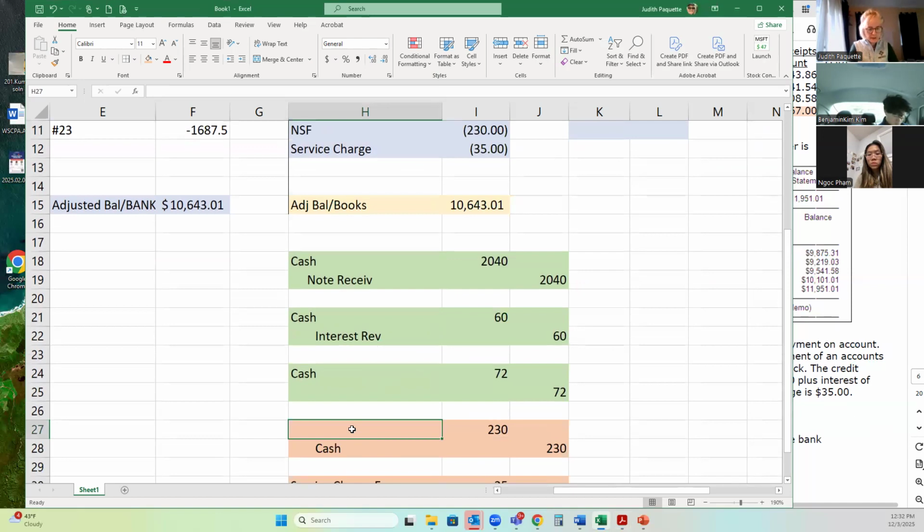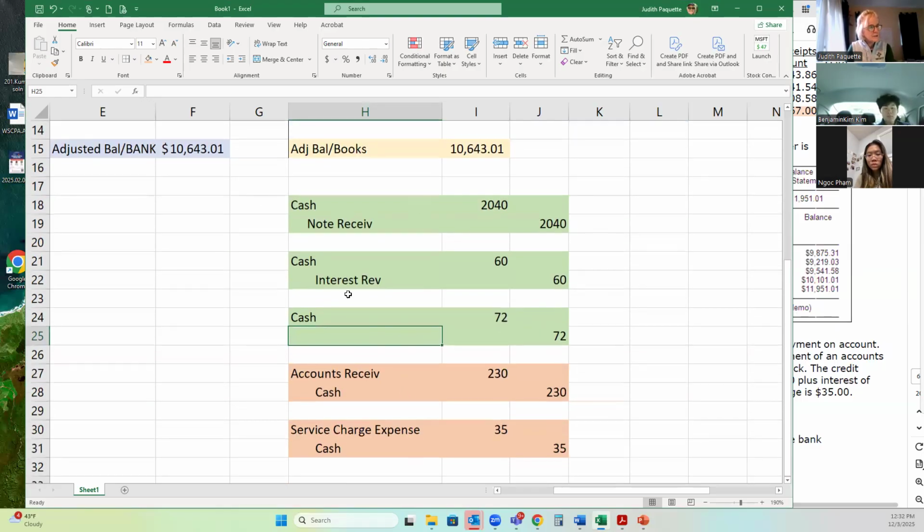So this is going to be accounts receivable. So you guys good with these three? Remember, all those adjusting entries are either increase cash or decrease cash. Increase with a debit, decrease with a credit, and then you have to figure out what account to use.